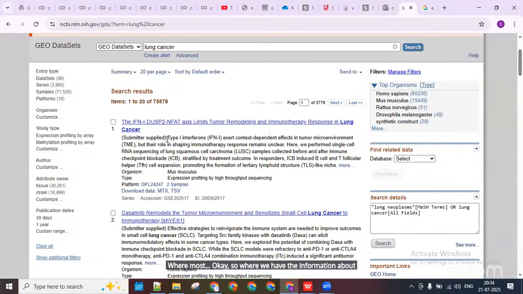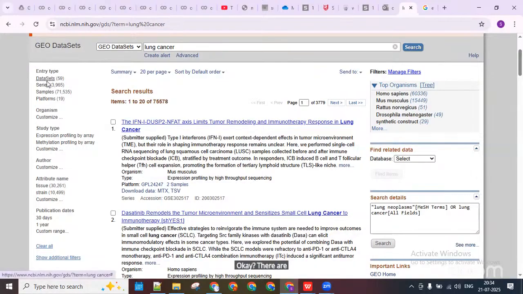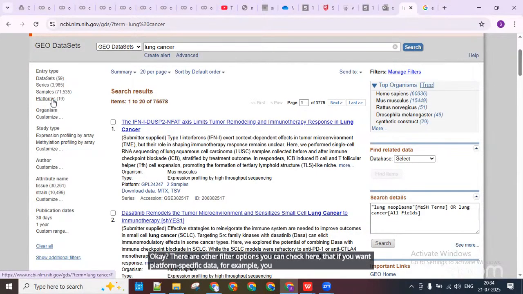where we have the information about lung cancer. So every sample which we are looking at here will have the keyword lung cancer that is highlighted, okay. At the end you can see here we have lung cancer, and that is highlighted because you have searched for lung cancer. Okay, there are other filter options you can check here, that if you want platform specific data, for example, you want data from Affymetrix platform, not from Agilent or other microarray platform, then you can also filter that.